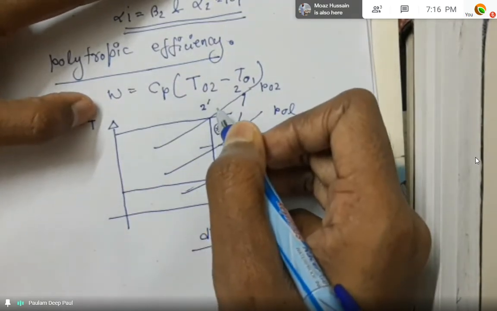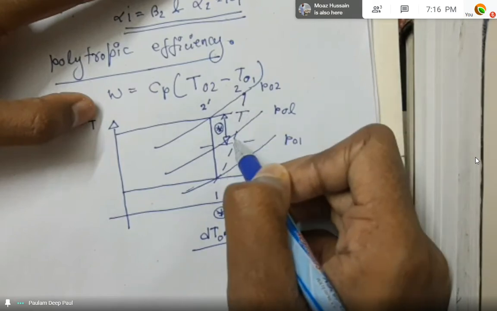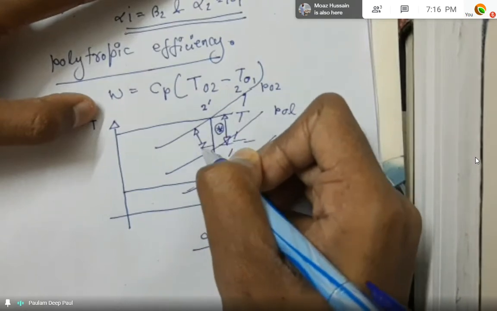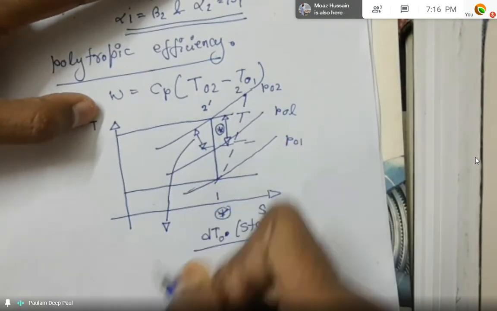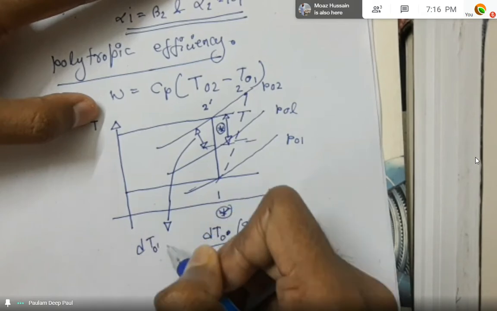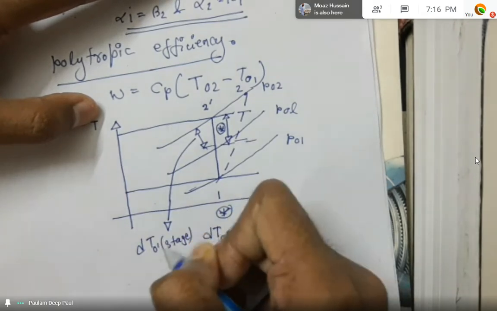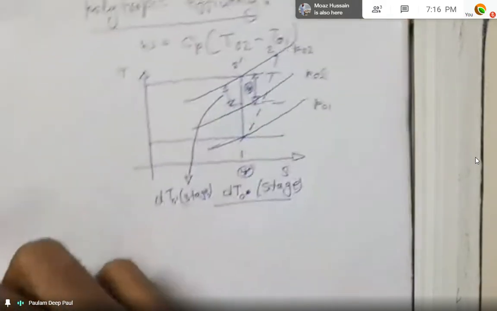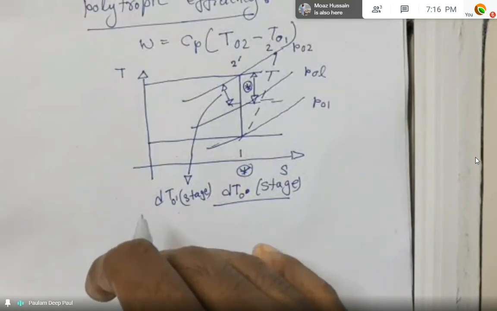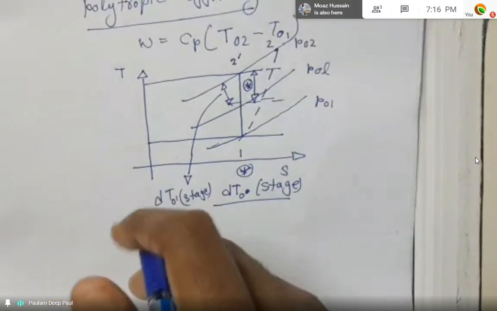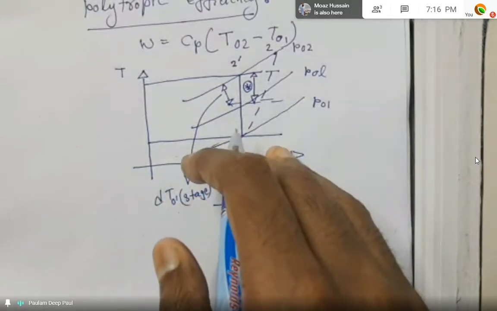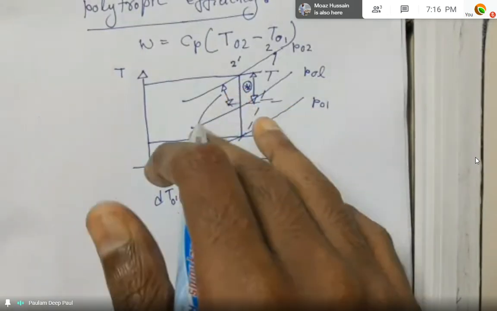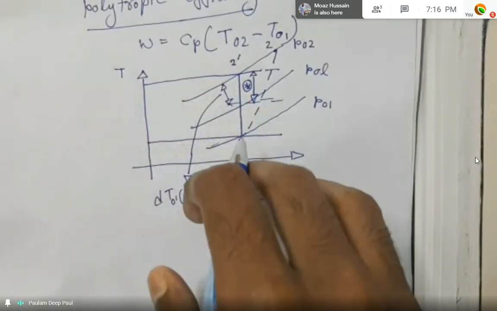And if you take the actual stage, you can refer to it like this, which we will state as dT_0 dash stage. I'm sure you have come across these diagrams for polytropic efficiency in your thermodynamics subjects, in the case of polytropic and adiabatic processes. So this diagram shouldn't be new to you.